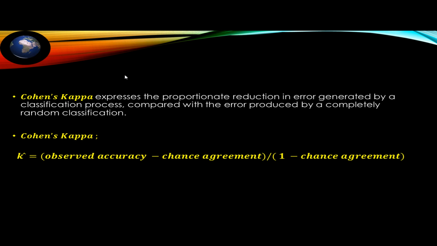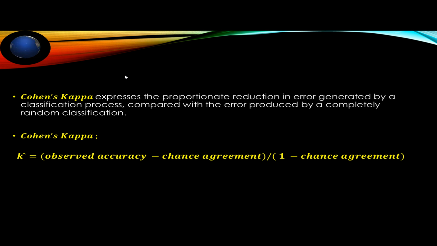So the Cohen kappa coefficient expresses the proportionate reduction in error generated by a classification process compared with the error produced by a completely random classification. Like you are aware of such features on the ground surface, but another person who is not aware of GIS may classify randomly in any other number.